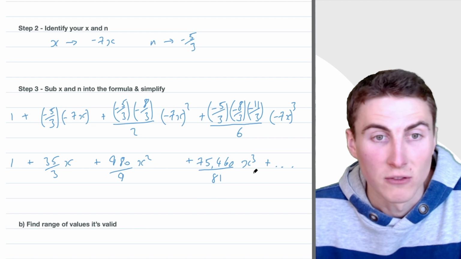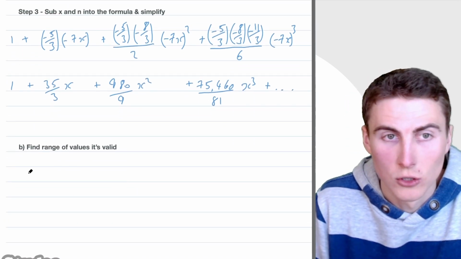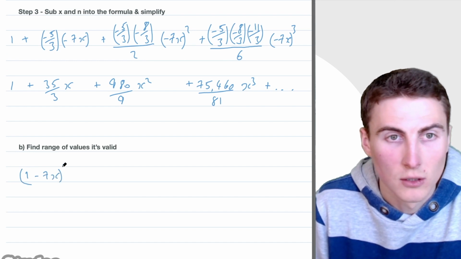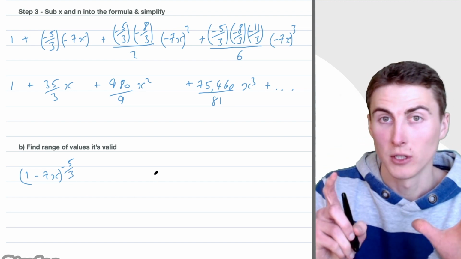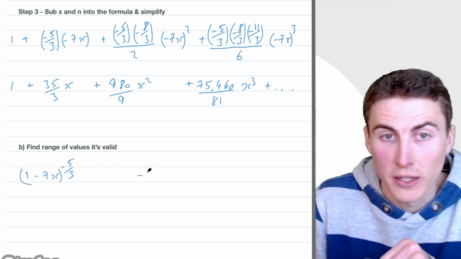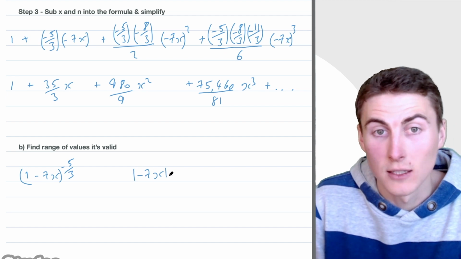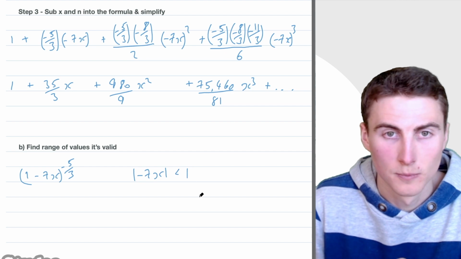Now the other bit that's a bit different here is finding the range of values it's valid for. Just to remind you, this here was our expression. So far we put the x in a modulus, we say it's less than 1. We do the same thing here, except our x this time is a minus 7x. We have that entire thing in a modulus, which is all less than 1.